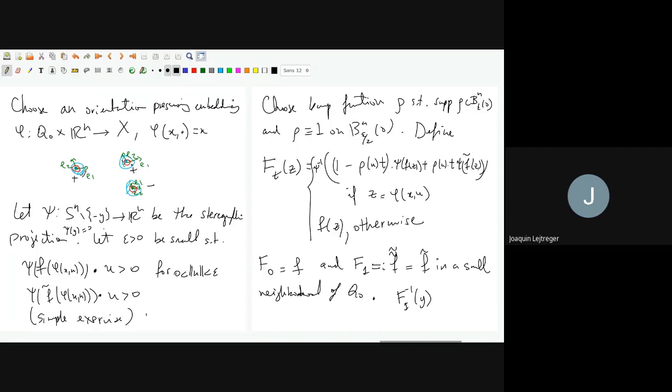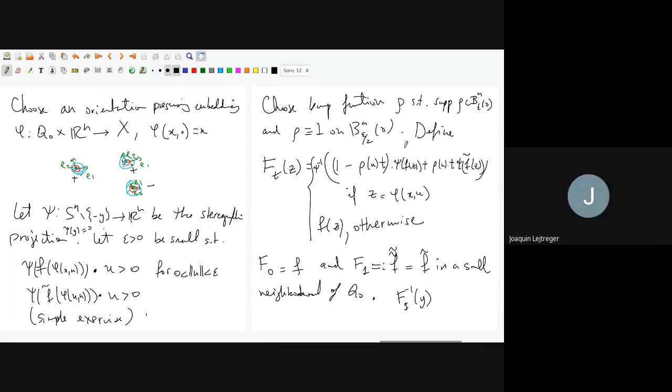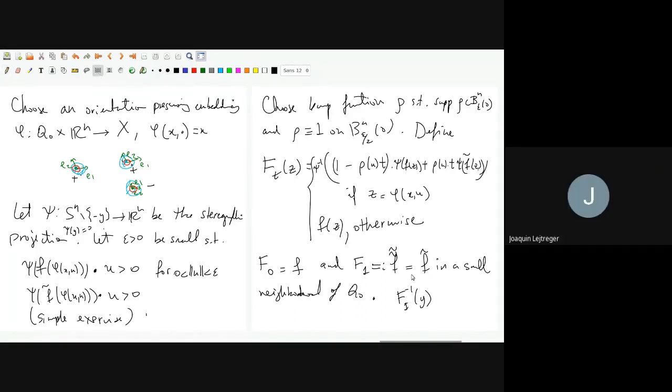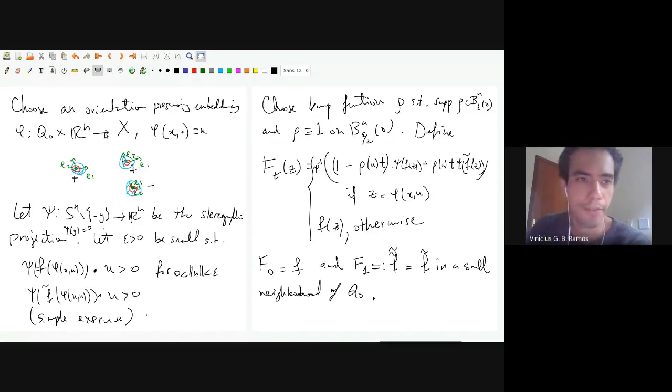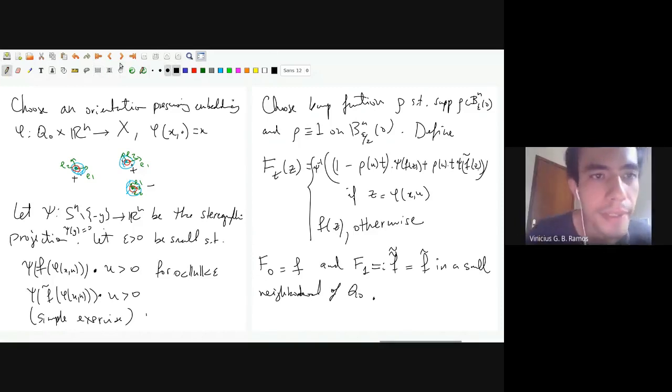You see? So that's why you need to be in a really small ball to make sure that the only way to hit 0 is if you're already at 0. I mean, you with psi. Okay? Yeah, sorry, this is a little confusing. I could have written another paragraph, but it's okay. Thank you. You're welcome.